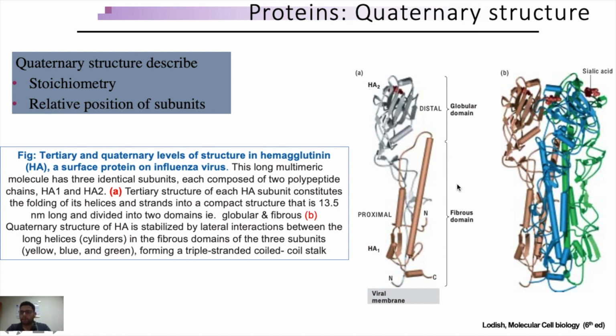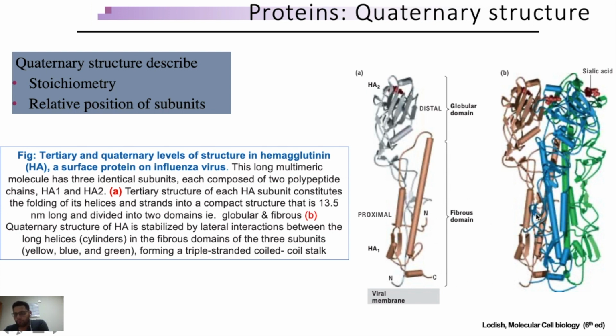The tertiary structure of these polypeptide chains, or these HA subunits, constitutes folding and helices strand into a compact structure which is roughly 13.5 nanometers long and could be divided into two distinct domains: one membrane distal domain which has a globular conformation, whereas the membrane proximal domain has a fibrous stem-like conformation.